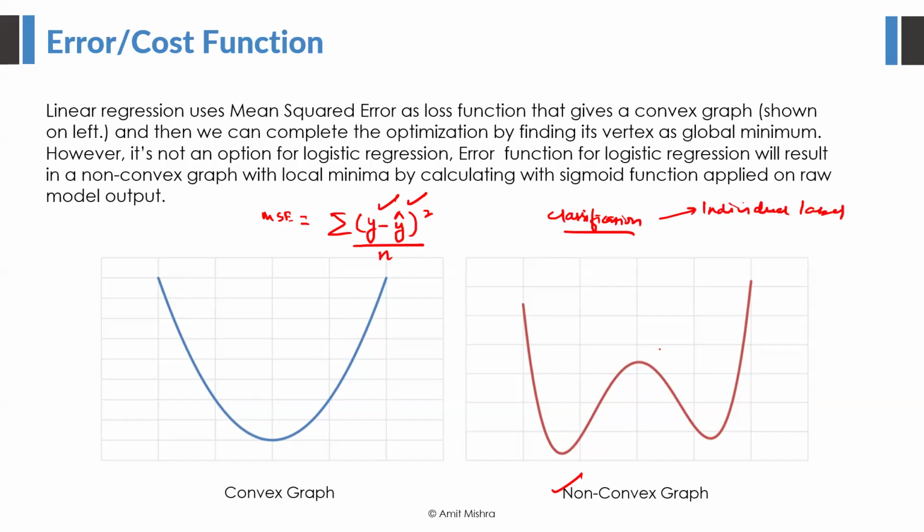So there is a high chance that the curve of the error will not be a convex curve with a parabolic shape, but there will be many ups and downs.